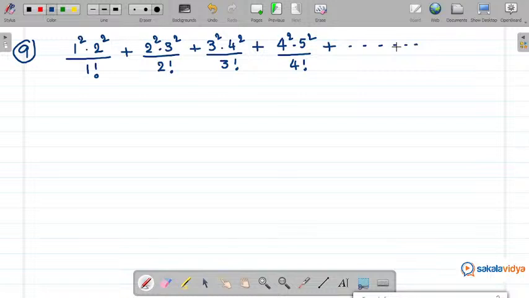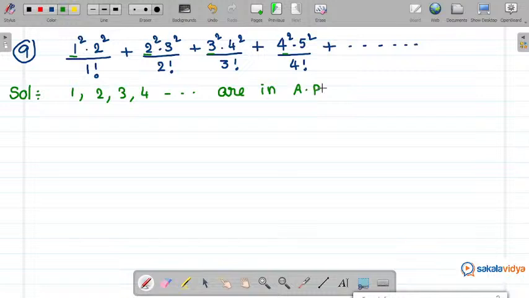But before applying the D'Alembert ratio test, we need to find the nth term of the series. That is very important. So in order to find the nth term of the series, first of all, see 1 square, 2 square, 3 square, 4 square. That means first write down 1, 2, 3, 4 are in AP.